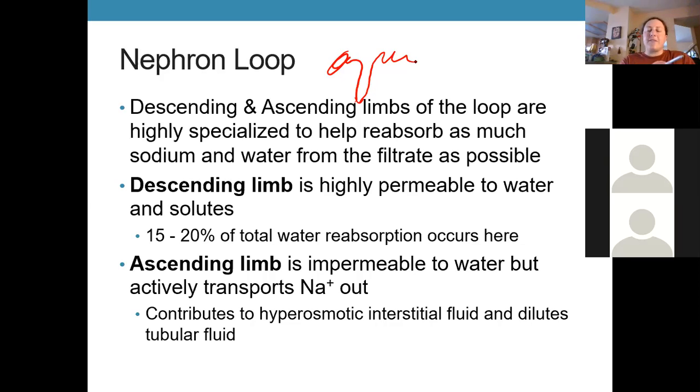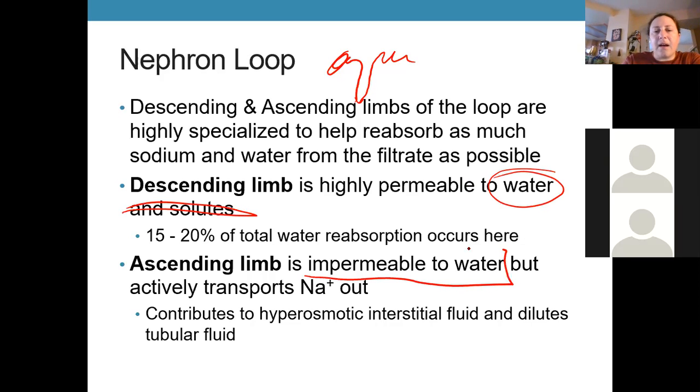They are different from each other. So they're not as permeable to everything as the proximal convoluted tubule is. The descending limb is very permeable to water and some solutes, but honestly don't even worry about that part. And then the ascending limb is not.